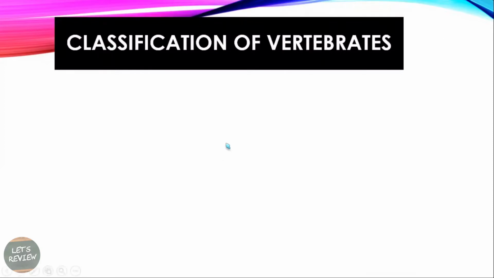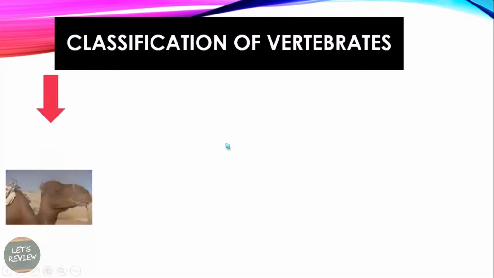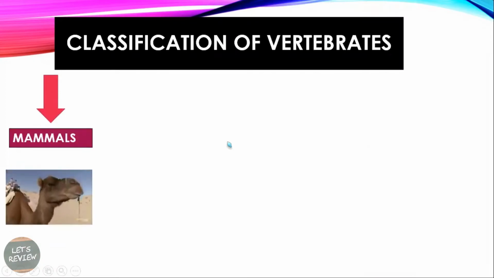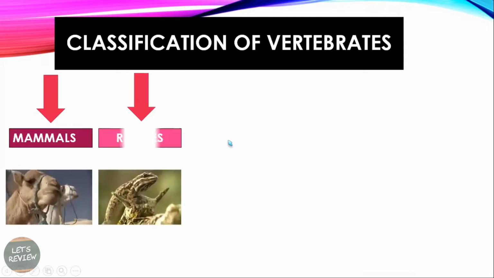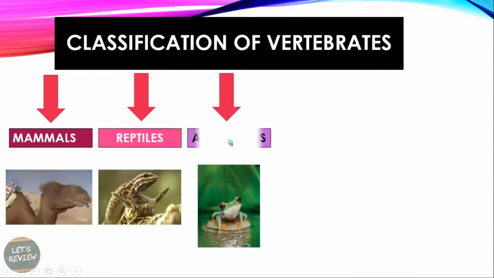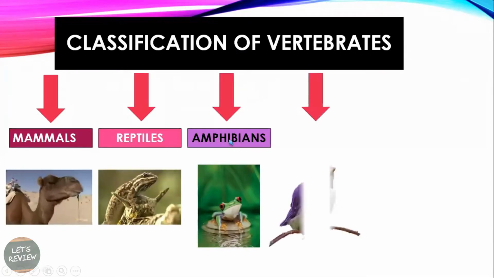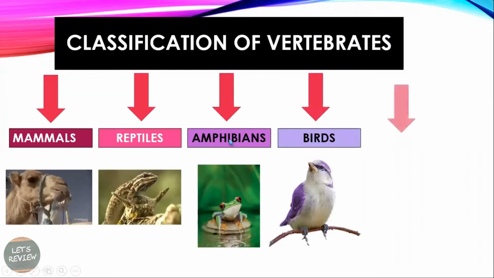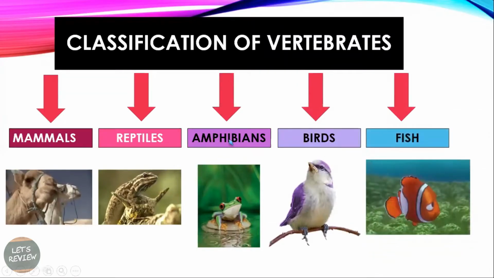Let us now classify vertebrates. Remember that vertebrates are classified as mammals, reptiles, amphibians, birds, and fish.